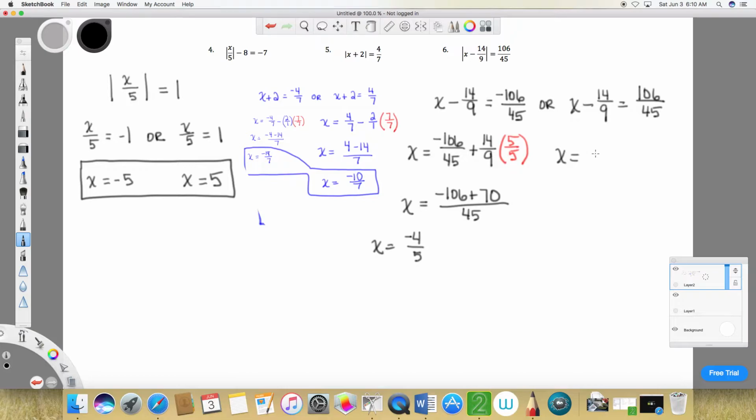And over here, the same idea. I have this 106 over 45. I'm adding 14 over 9, but I need a common denominator with addition or subtraction of two fractions. So you can see here, instead of negative 106, it's positive 106.